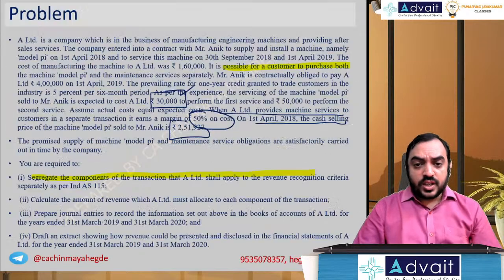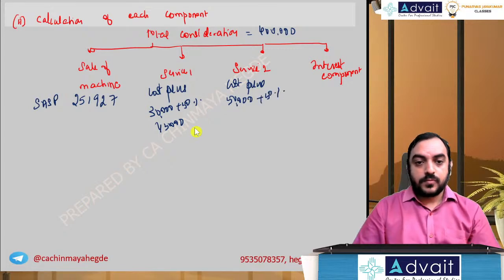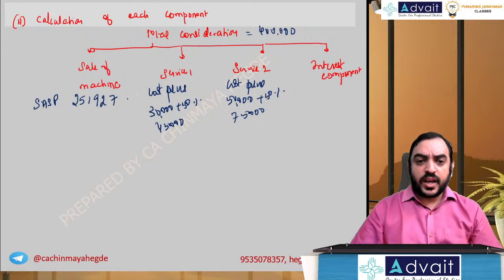Service 2, the cost is going to be 50,000, same percentage, cost plus method. 50,000 plus 50%, that is 50 and 25, 75,000 you get. So find out the balancing figure, 4 lakh minus this.